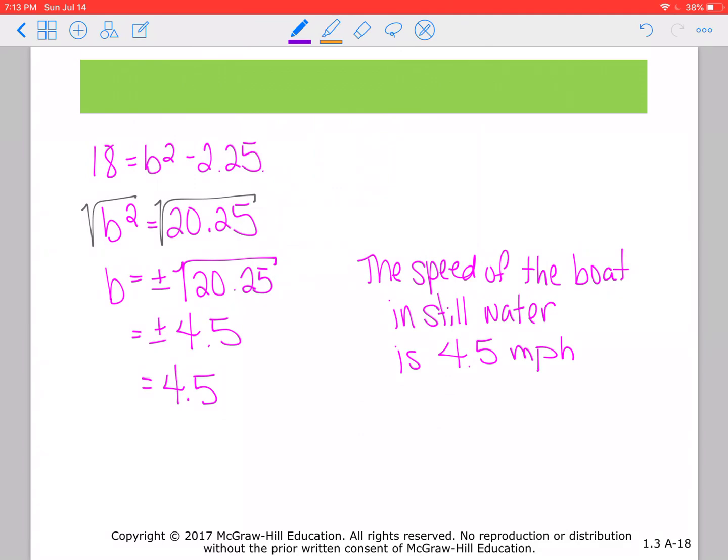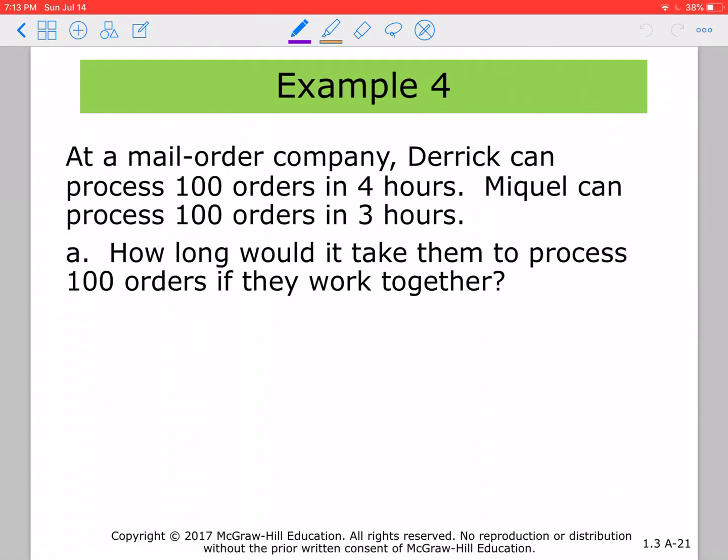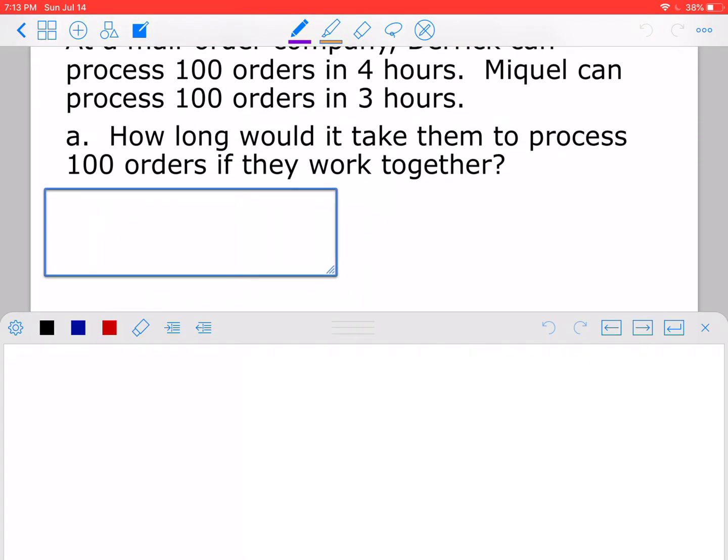Okay, we're halfway through here. Let's look at an example involving work. At a mail order company, Derek can process 100 orders in 4 hours. Miguel can process 100 orders in 3 hours. How long would it take them to process 100 orders if they work together? So, how long? That's time.